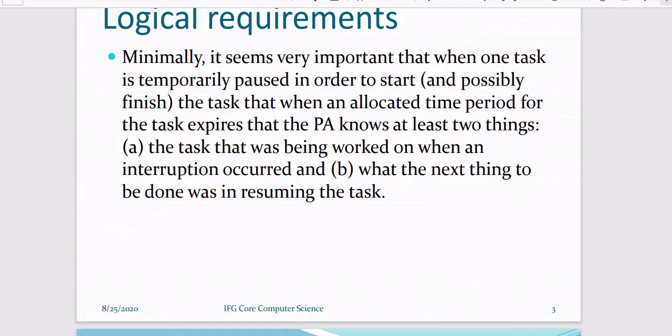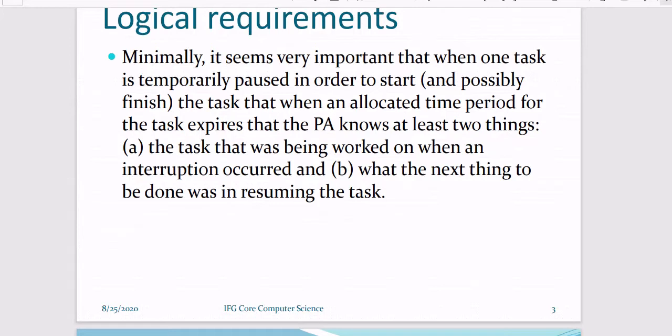Firstly, she needs to remember the task that was being worked on at the point that the interruption occurred. And secondly, the PA needs to record what the next thing to be done was had there been no interruption, in order to resume the task.